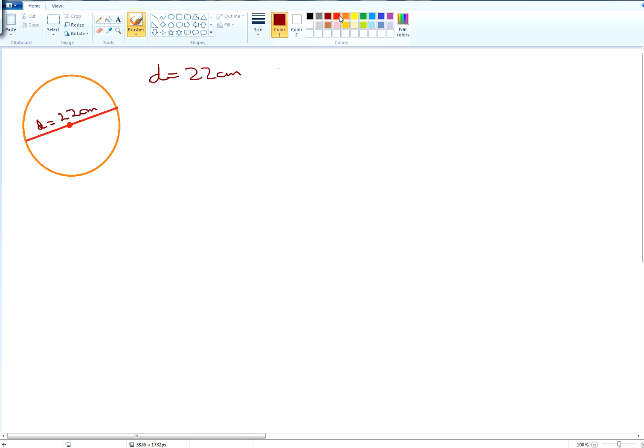We have been told to work out the radius, the circumference, and the area.